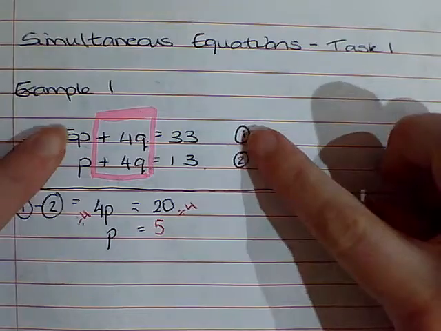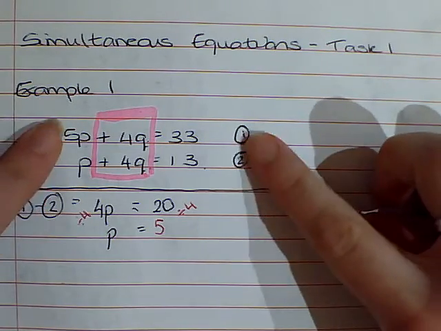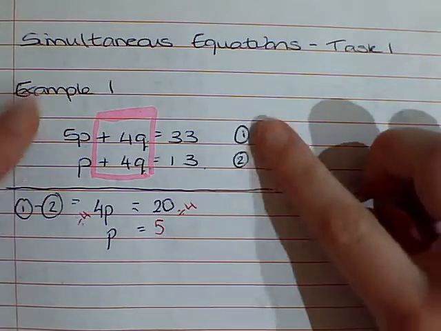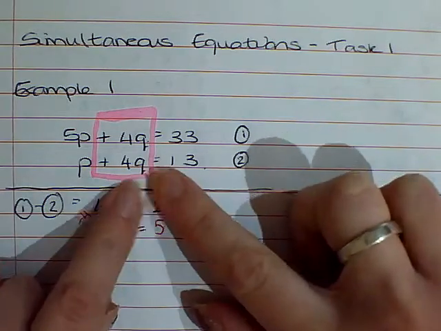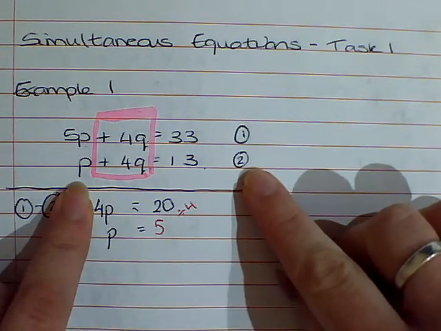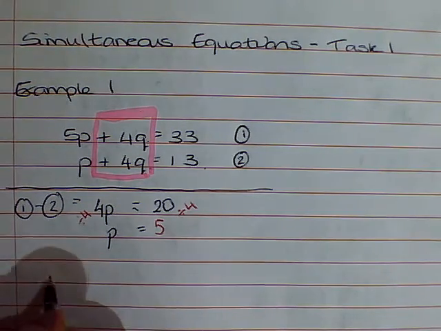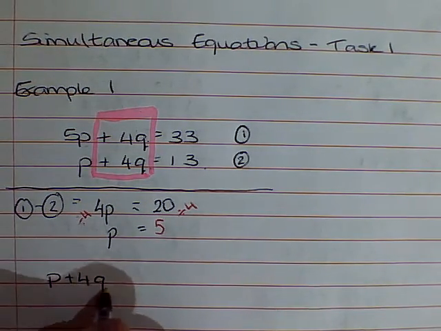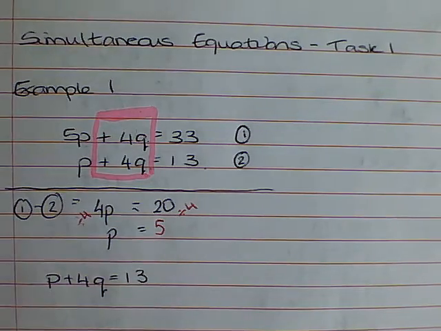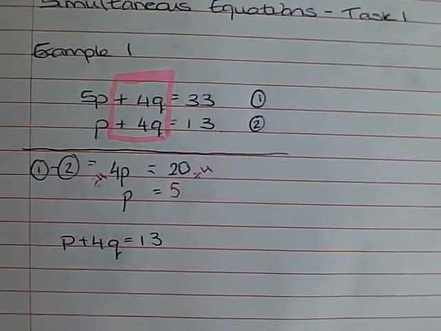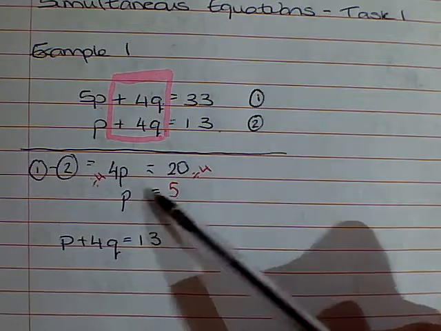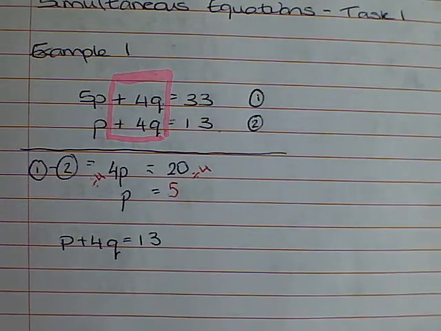To do that, I'm going to pick one of these equations. Now I can pick either one, but I'm going to pick equation 2 because it's got the smaller numbers, okay? So equation 2 is p plus 4q equals 13. I am going to put that p equals 5 into this equation.